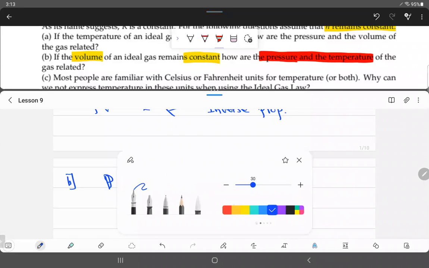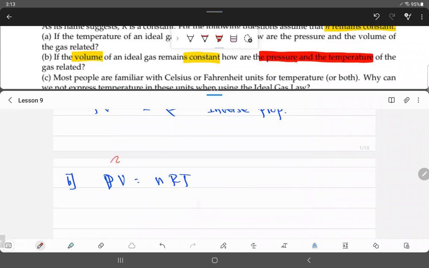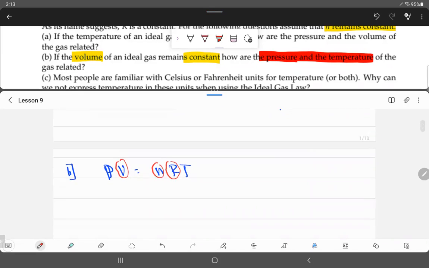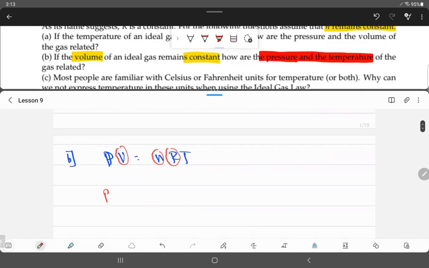So what do we have? The volume is constant. This guy is constant, and this guy is constant. So I'm going to divide both sides by V and by T, and I get P over T equals nR over V, because I would like to check the relation between pressure and temperature.